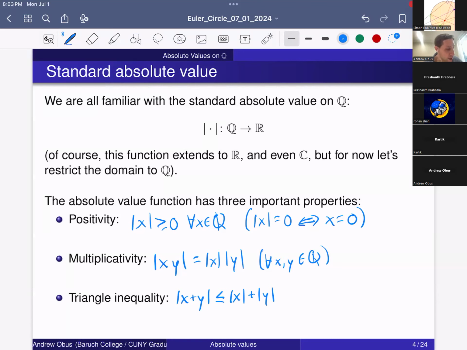So you might ask, do these properties define the absolute value function? If I take a function from Q to R that satisfies positivity and multiplicativity and the triangle inequality, then is it the standard absolute value? You spend a little bit of time thinking about this, and the answer turns out to be clearly no. There's lots and lots of other functions that also have these properties of absolute values.